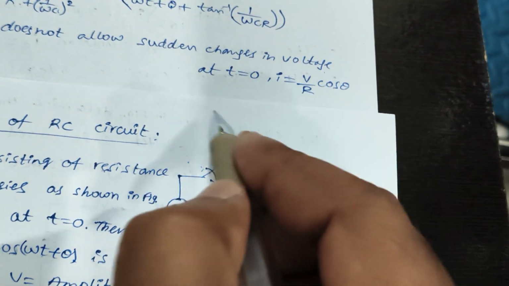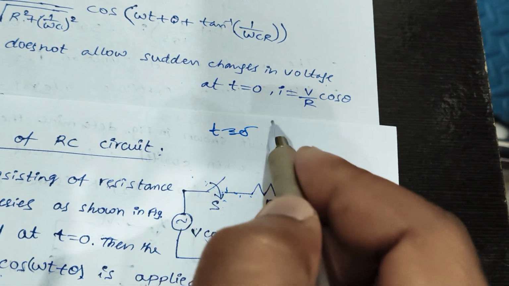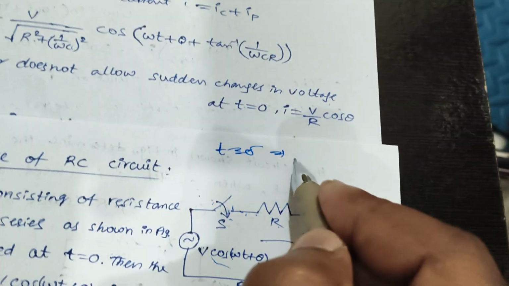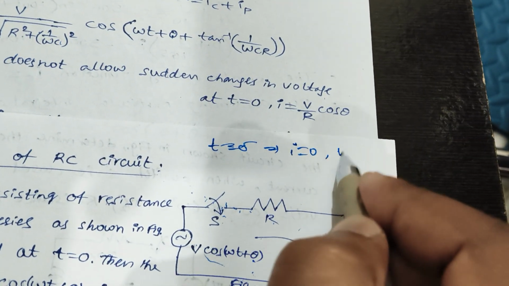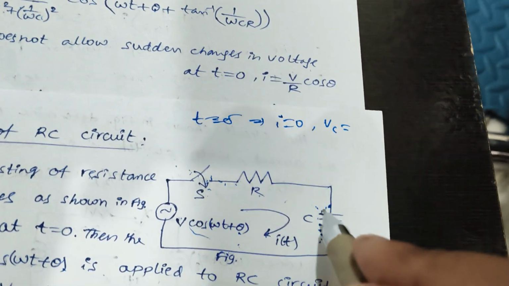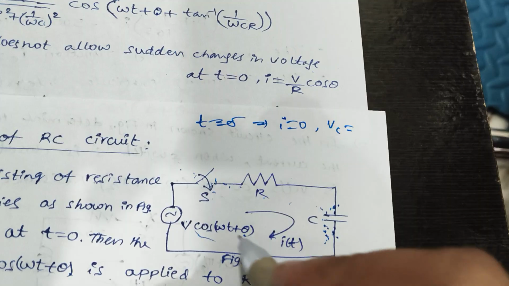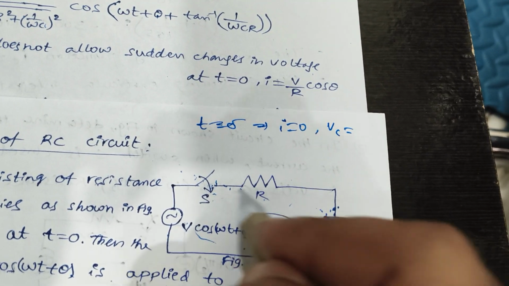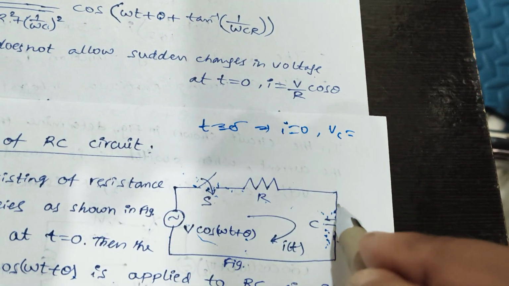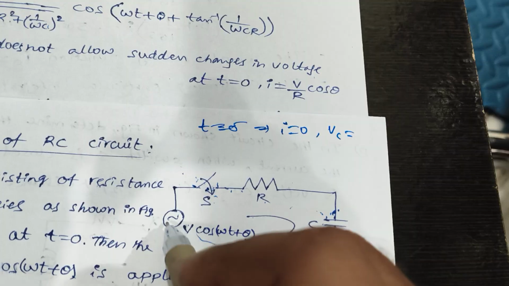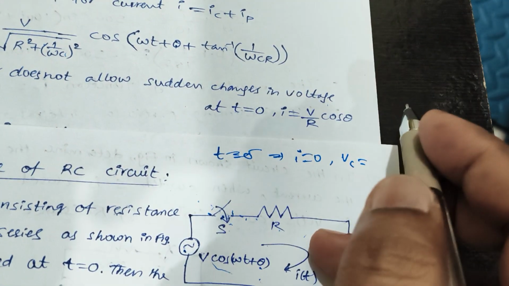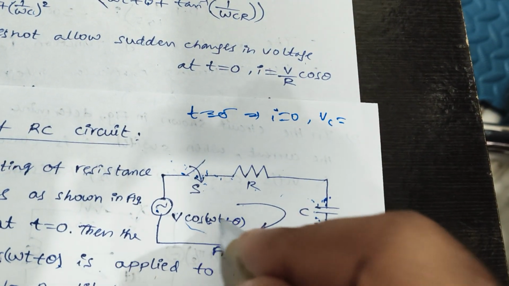At t is equal to 0 minus, current is 0. What is the voltage across the capacitance? This is open circuit. So voltage across capacitance is nothing but the source voltage, V cos(omega t plus theta).